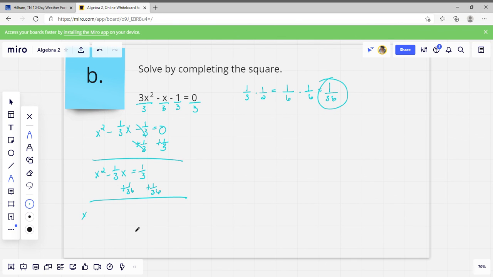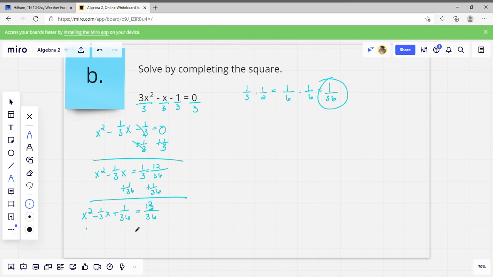Alright, so we get x squared minus 1/3 x plus 1 over 36 equals, now we have to add 1/3 and 1 over 36. If I was trying to make that into 36s, I would multiply times 12 over 36, and that would be 13 when I added it to the 1 over 36.